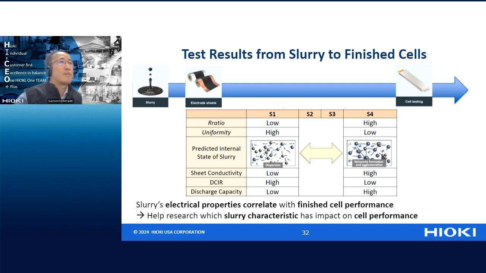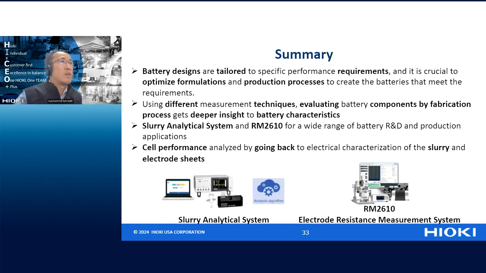Okay, this is a summary. We discussed battery designs tailored to specific performance requirements, and it is crucial to optimize formulations and the production process to create batteries that meet the requirements.